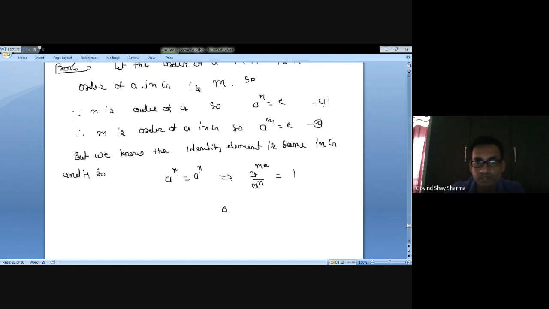We can write A to the power m minus n is equal to A to the power 0. So m minus n is equal to 0, which implies m is equal to n.